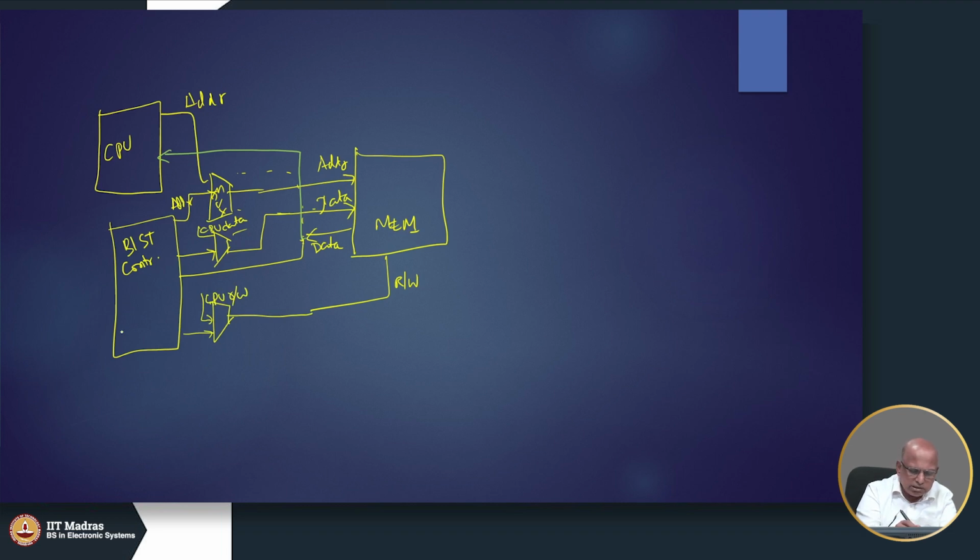And as I mentioned, the BIST controller can log the errors. So you can see that in order to do this, there is a comparator, I suppose. So it will require a comparator.